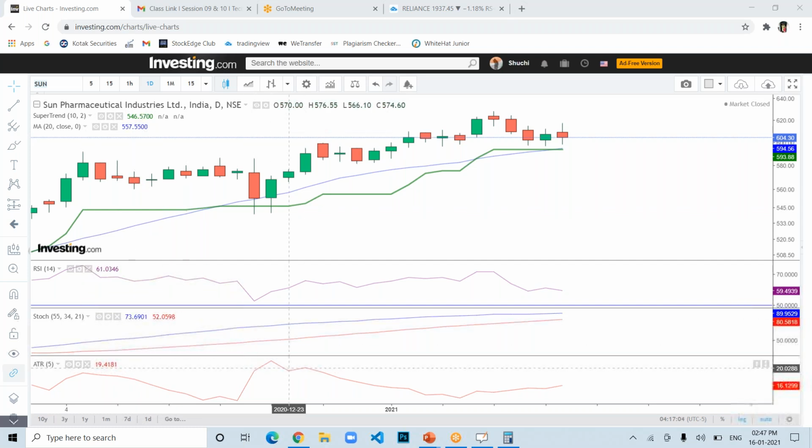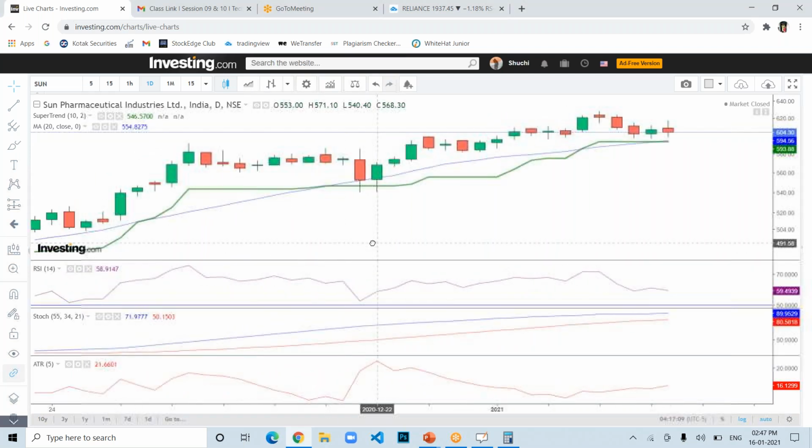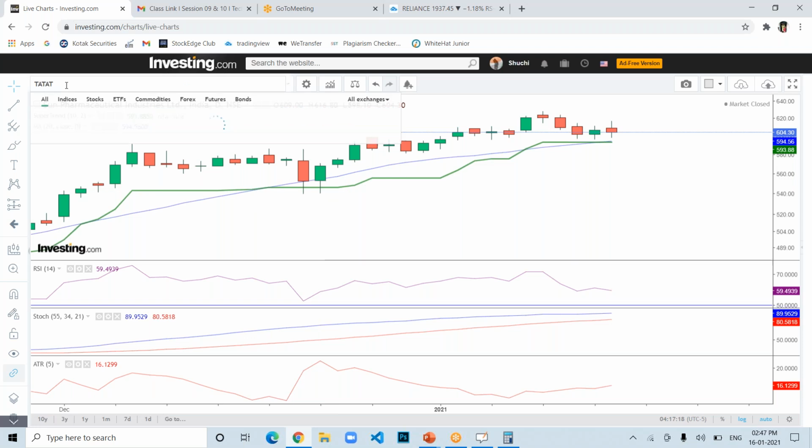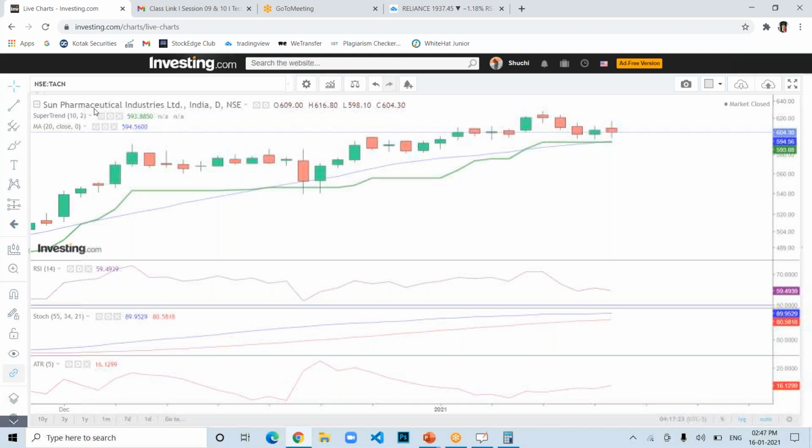I simply want the value of the ATR. I'm not moving the screen. I'm just checking the ATR value. Let me just show you another example.